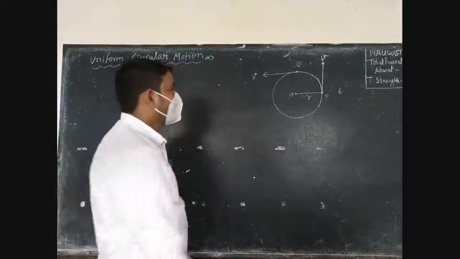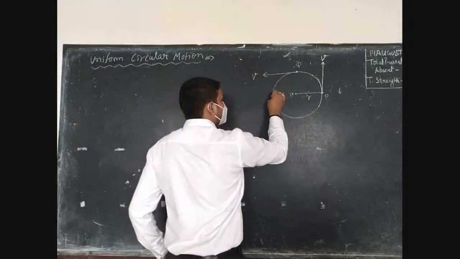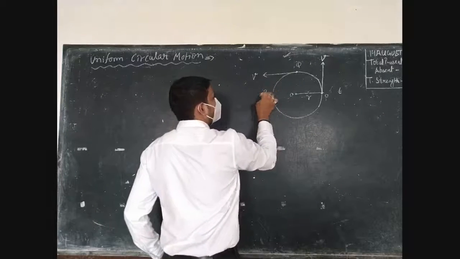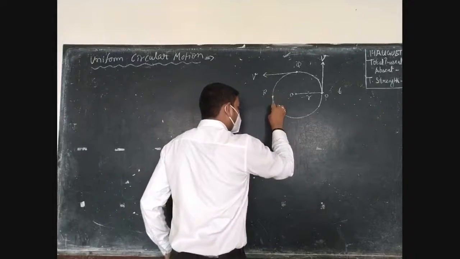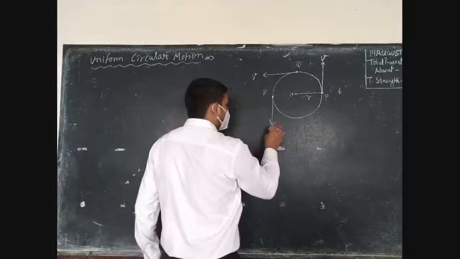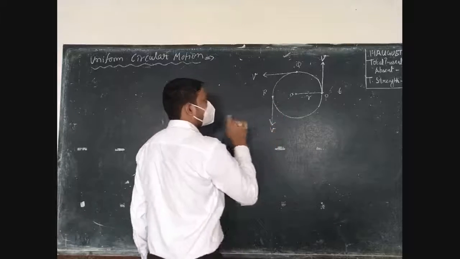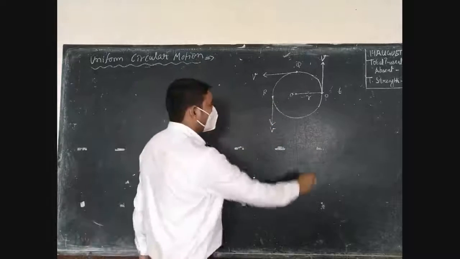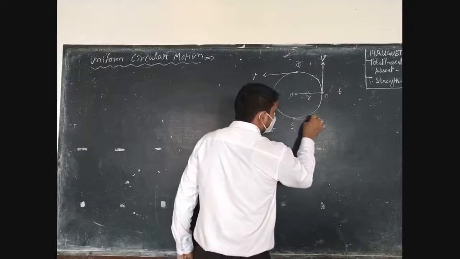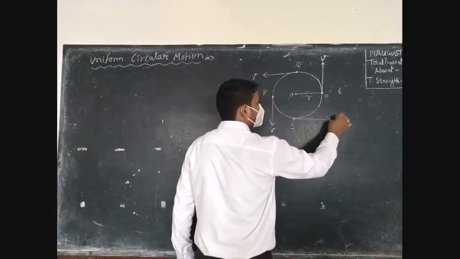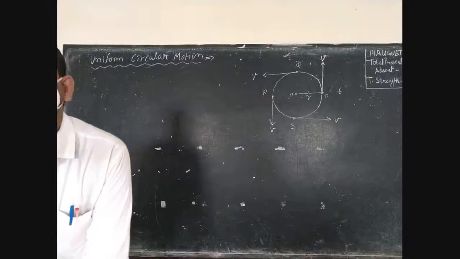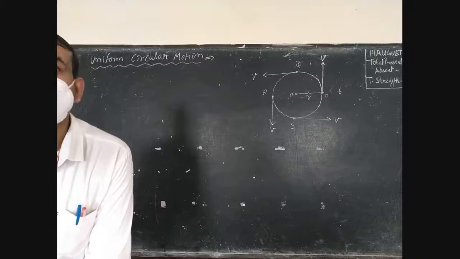Similarly, after a certain instant, the particle reaches point R; when you draw the tangent to the circle at point R, you get its velocity direction. And similarly, when it reaches point S, the tangent drawn at point S gives you the direction of velocity. Two or three things we understood from here.